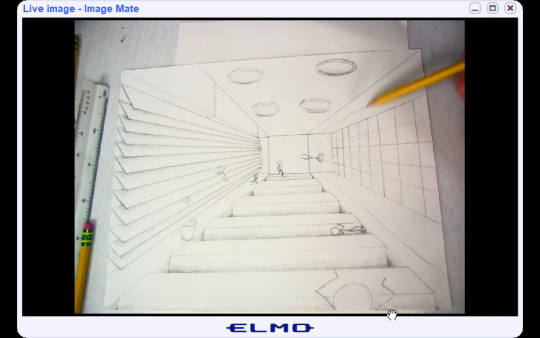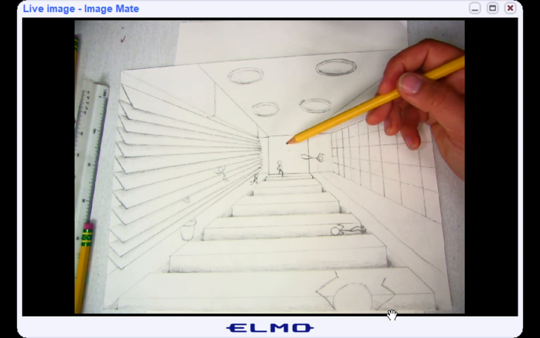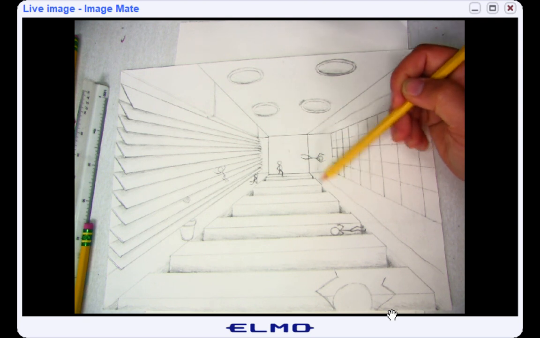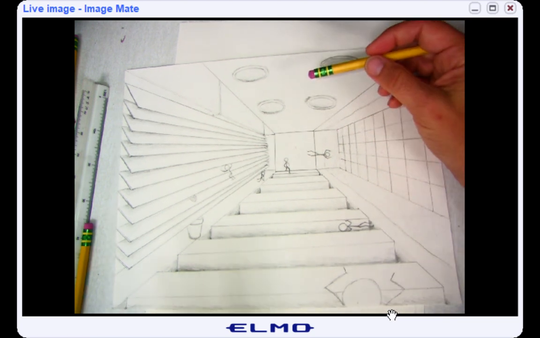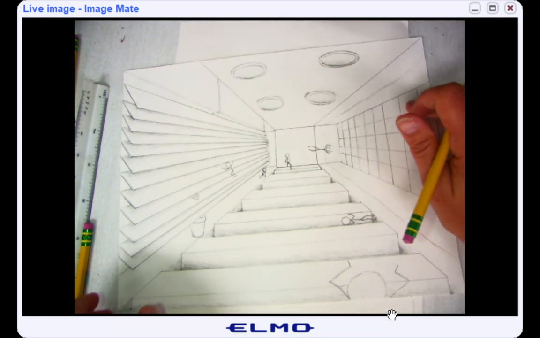You see that all of my lines lead back to this little dot right here. This is called a vanishing point. It is where things get so small in the distance that they actually seem to vanish, the place where your eyes can no longer see.